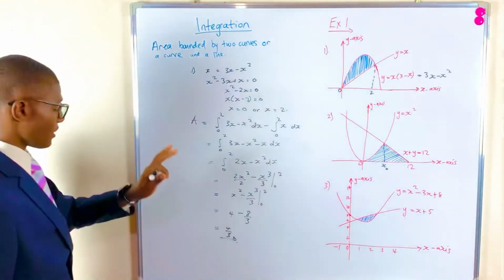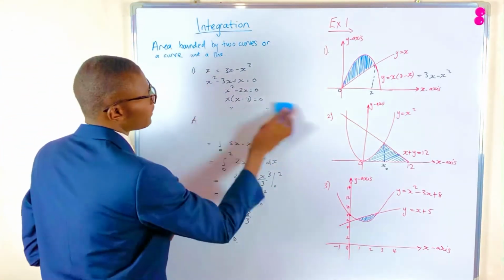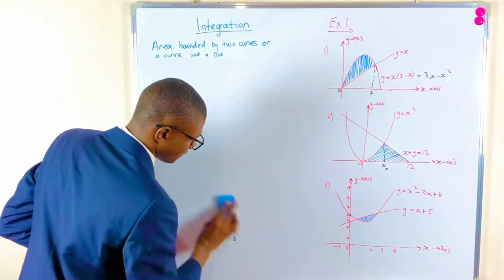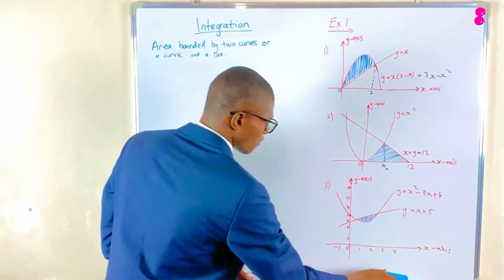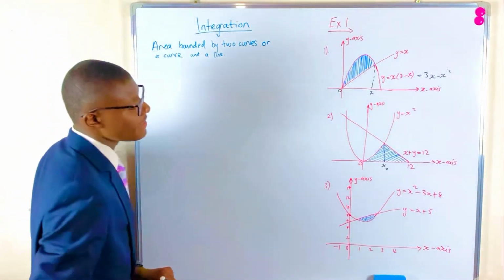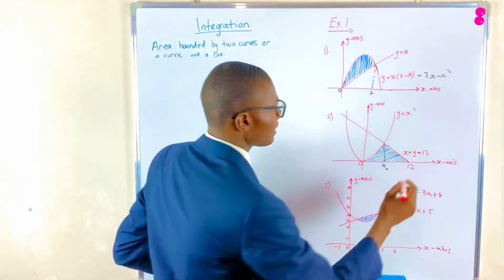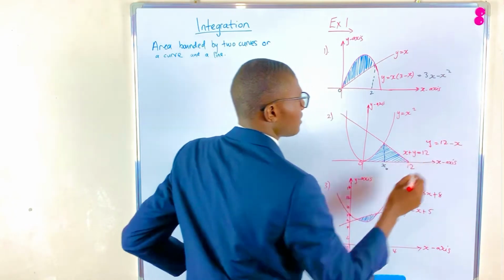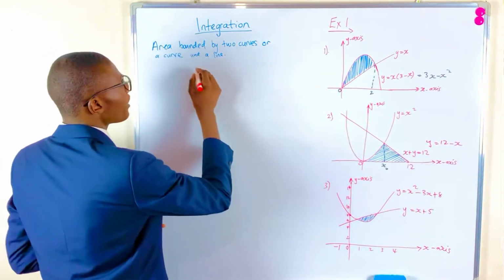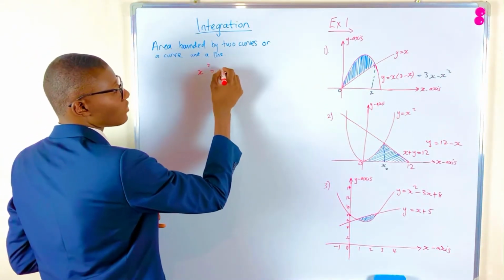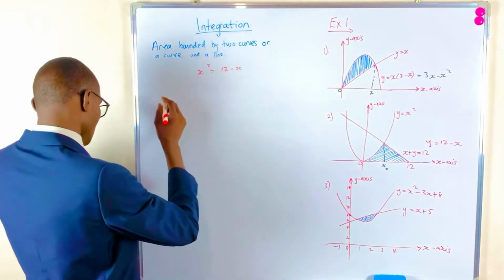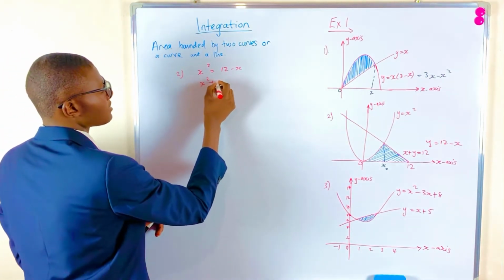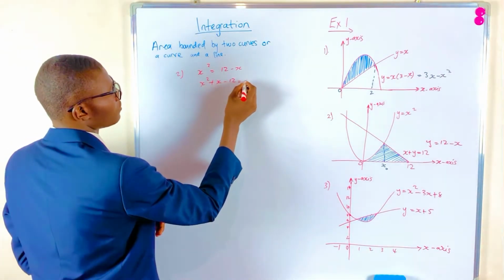So allow me to erase this part for number 1. Okay, so what are we saying? We're saying that for the point of intersection, this could be rewritten as y is equal to 12 minus x, such that at that point, x squared is equal to 12 minus x. This is for number 2. And then x squared plus x minus 12 is equal to 0.